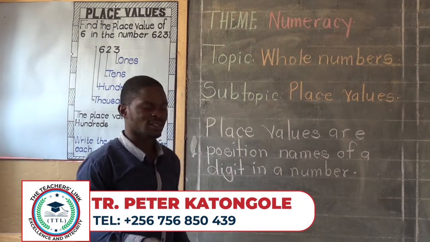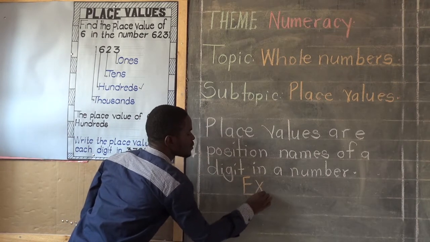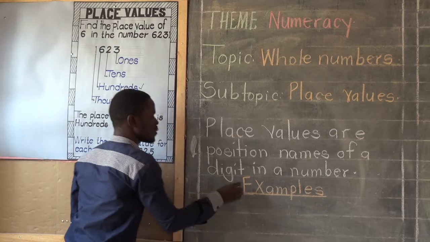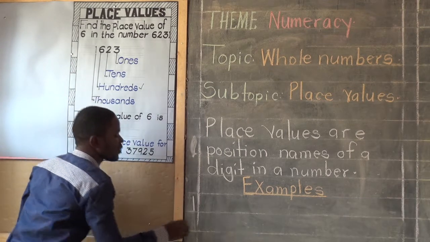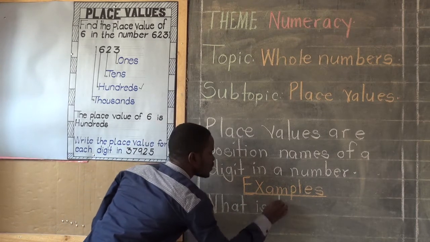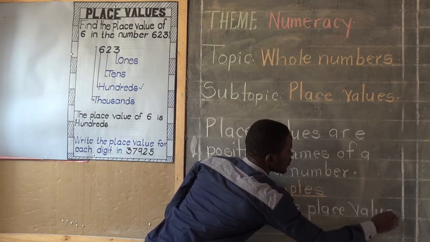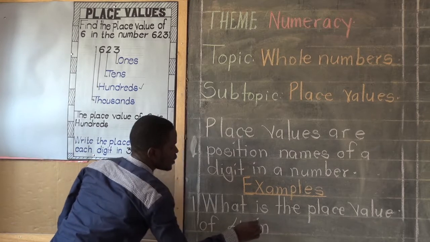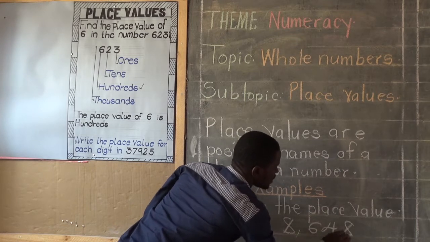So let's look at our first example. It says, what is the place value of 4 in 8,648?